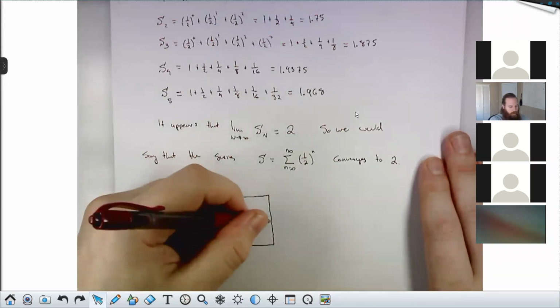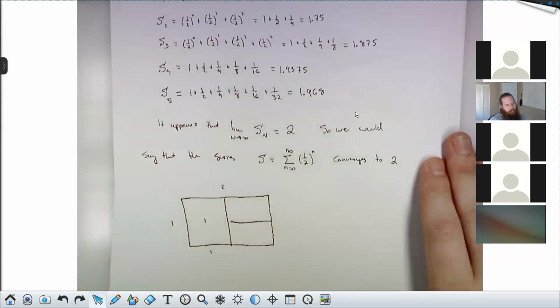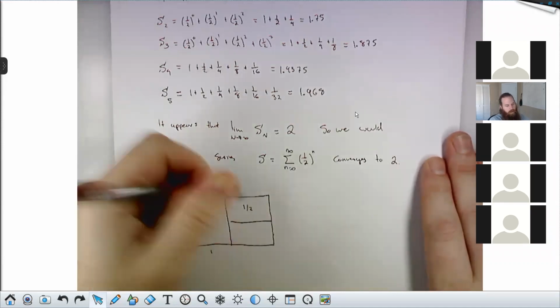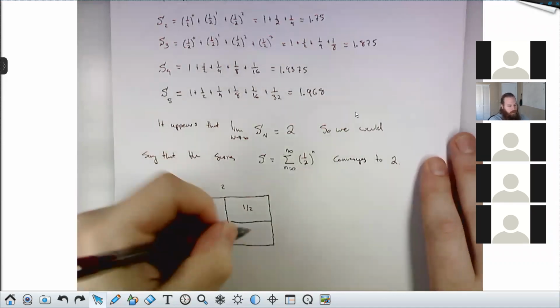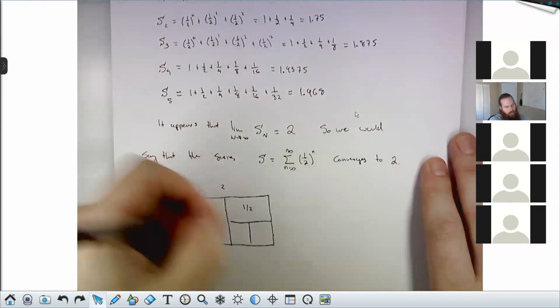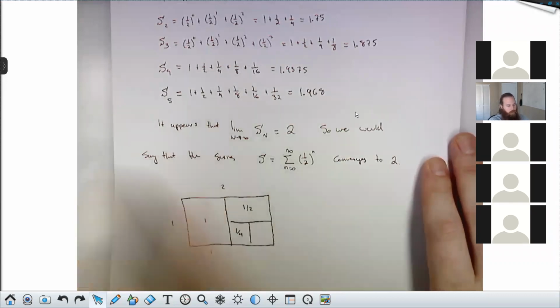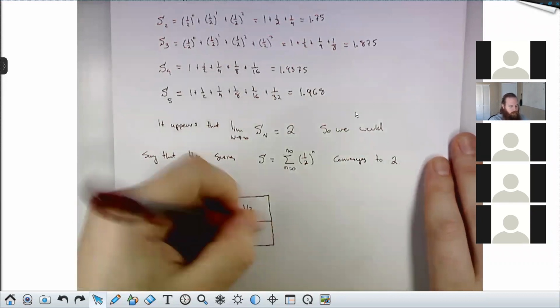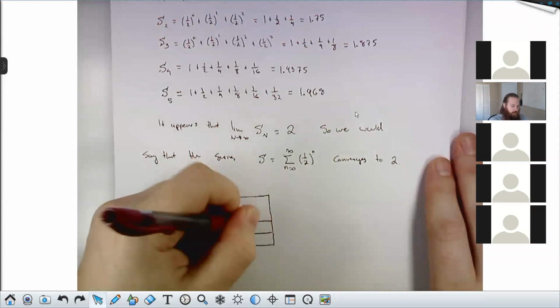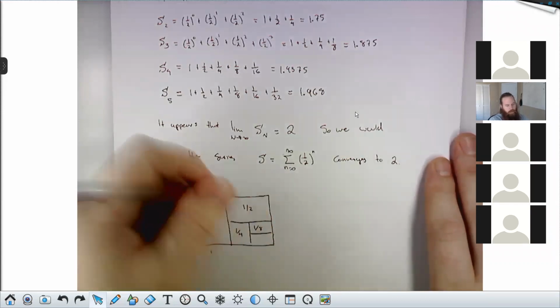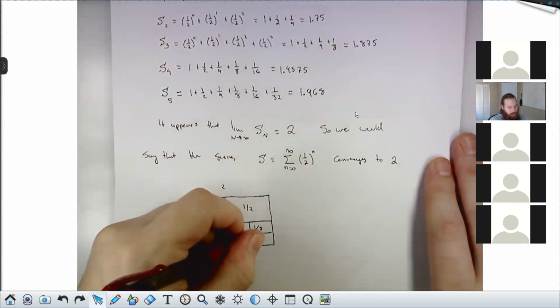And then I take this guy and I chop him up. This has area 1/2. Then I chop this guy up. This has area 1/4. And then I chop this guy up. This has area 1/8. And then I chop this guy up. This has area 1/16.